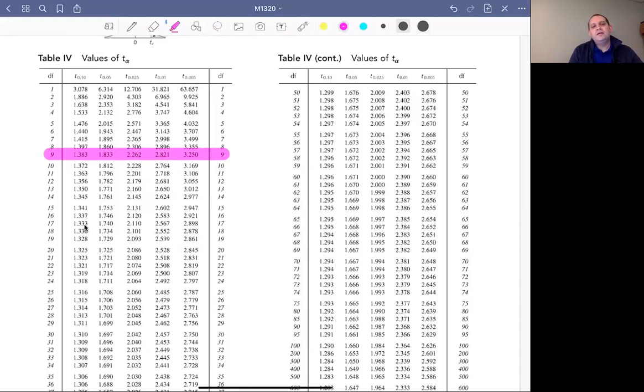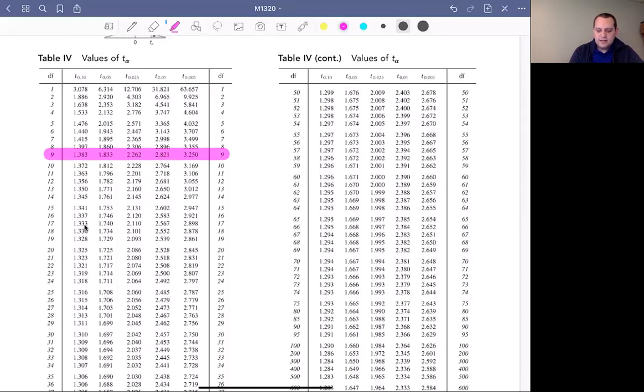Now, when the number of data points is large, and this is an idea that we saw previously in the central limit theorem, then you can essentially just approximate everything with a normal distribution. And so that fact is why the z sub alpha values are at the bottom of this table.